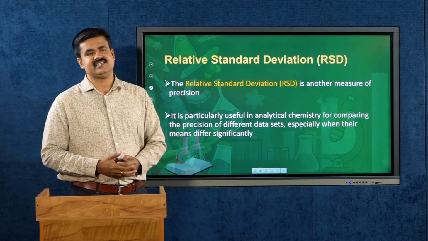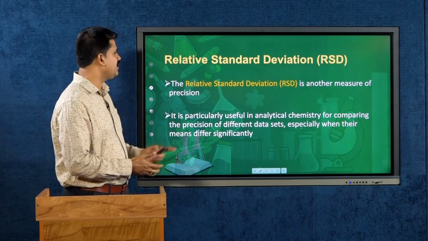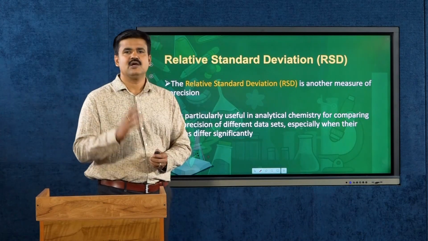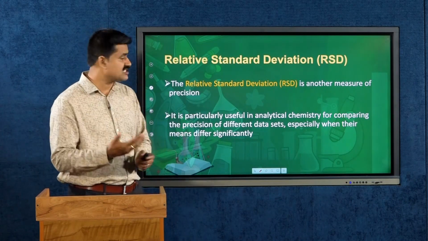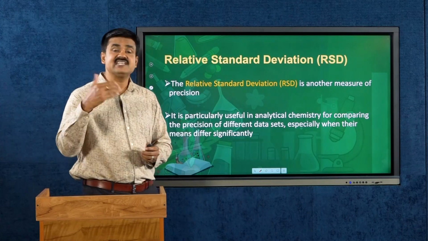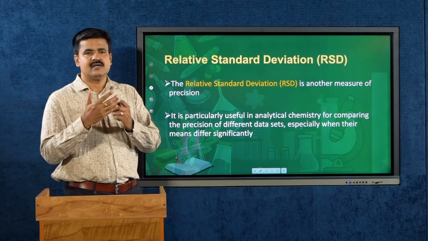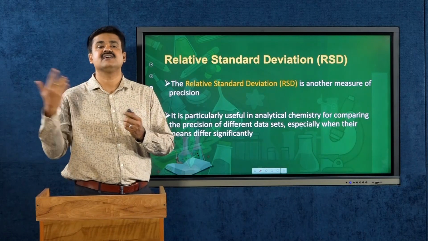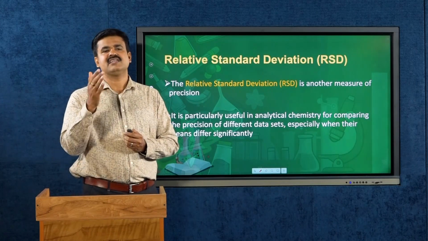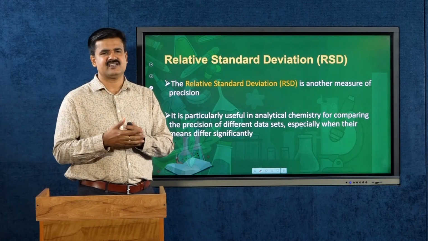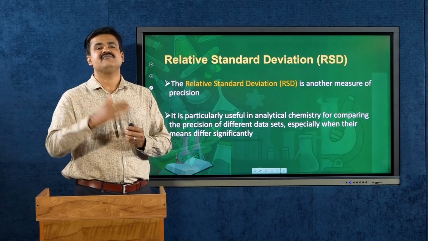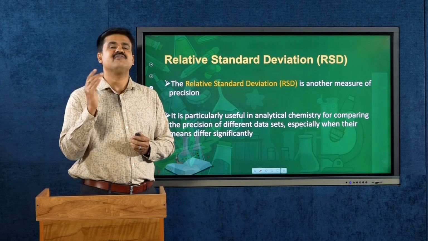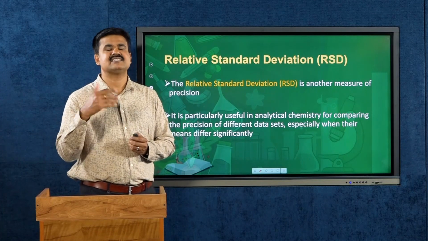RSD is particularly useful in analytical chemistry for comparing the precision of data sets, especially when their means differ significantly. If there is significant deviation in mean value, we take RSD to evaluate such a deviation.